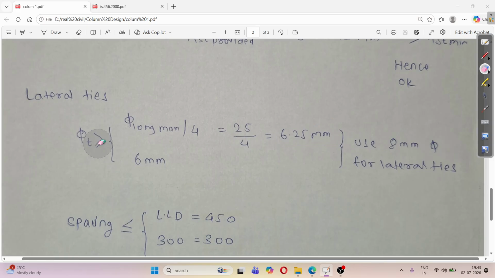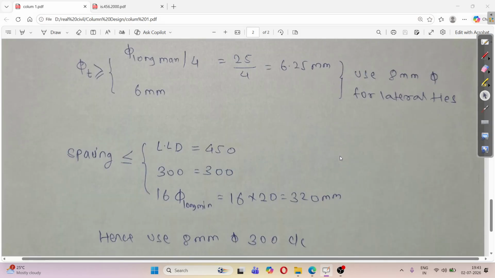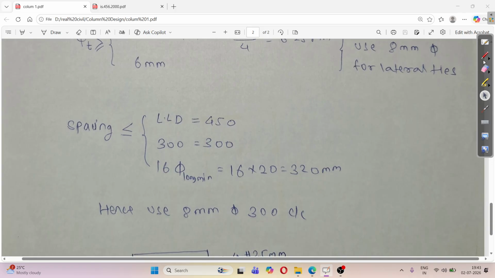Now the rule for the spacing. There are three conditions for the spacing. First one is the least lateral dimension, 450. Our column is 450 by 600, so 450 is the least lateral dimension. Second condition is minimum 300 or 16 phi, where phi is the minimum longitudinal diameter.